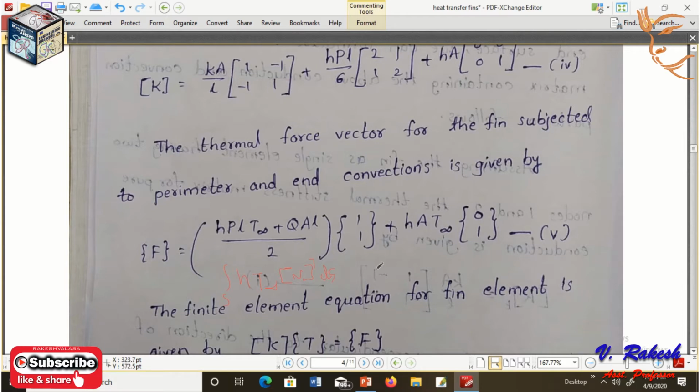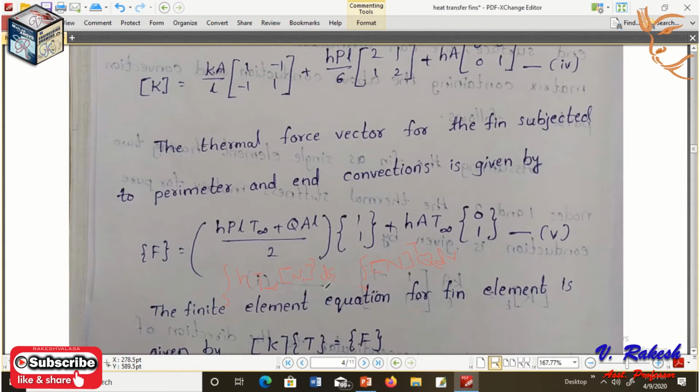The thermal force due to internal heat generation is given by integral over V of N transpose Q dV, where dV equals A dx. Now also substituting the shape functions N1 and N2, we get QAL by 2.